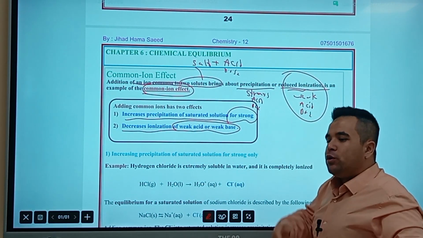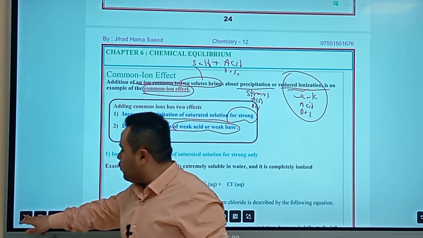So the ionization refers to the weak ones, the precipitation refers to the strong ones.